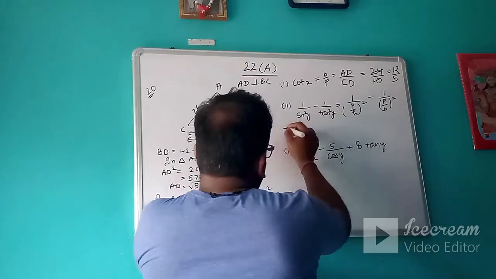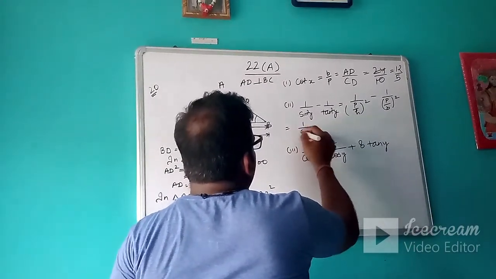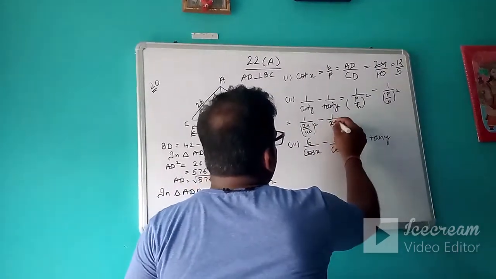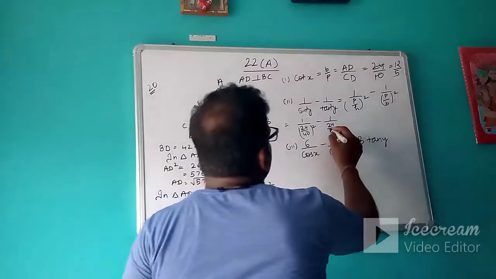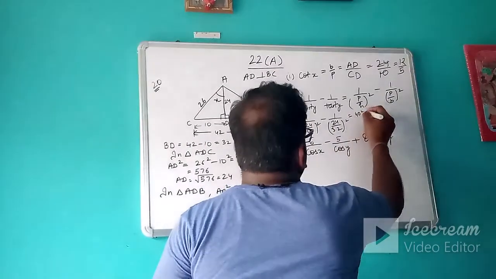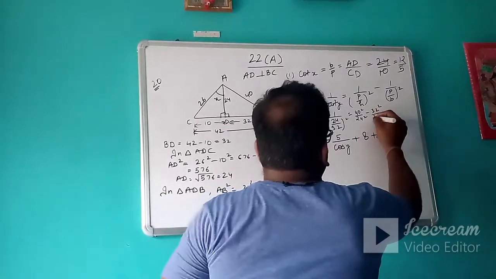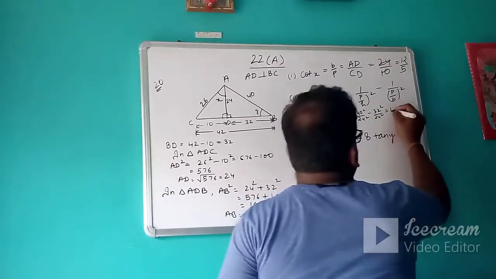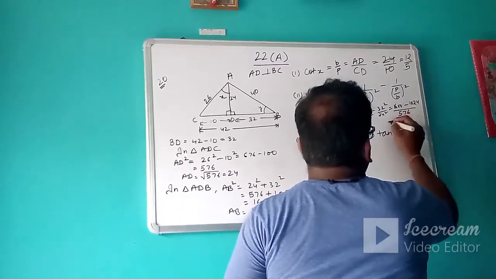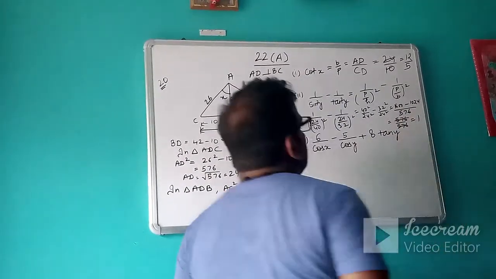So we can write it as 1 upon (24 upon 40) square minus 1 upon (24 upon 32) square, or this is now 40 square upon 24 square minus 32 square upon 24 square. So you can write 1600 minus 1024 upon 576. 576 upon 576, answer will be 1, like this.